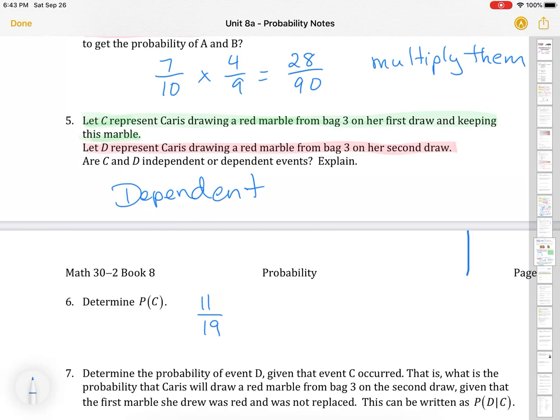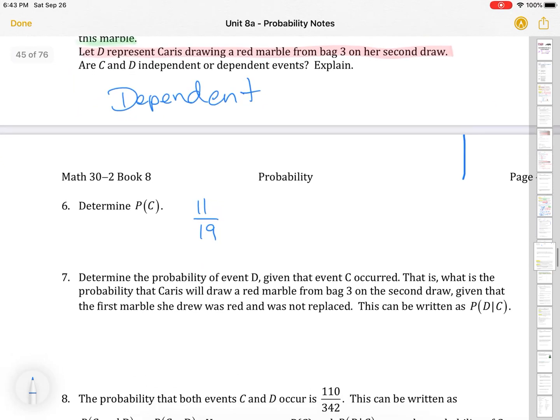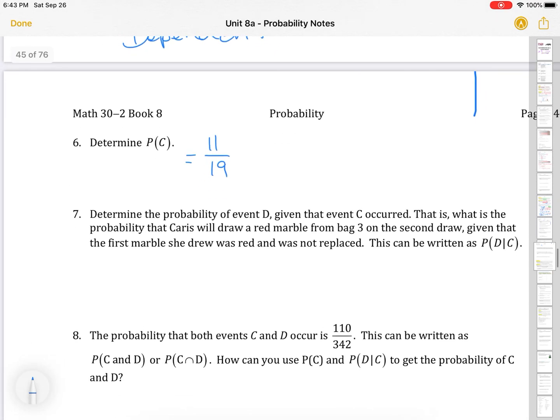Okay, and this works a little different. So let's figure it out. Determine the probability of C. Well, in her bag, she's got 19 marbles and 11 of them are red. So that's the probability of C. Now we're going to determine the probability of event D. Because she's taken a marble out, she no longer has 19 marbles in her bag. Now she has 18 marbles in the bag.